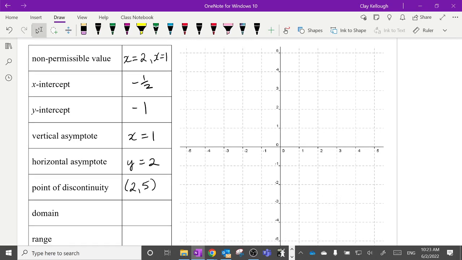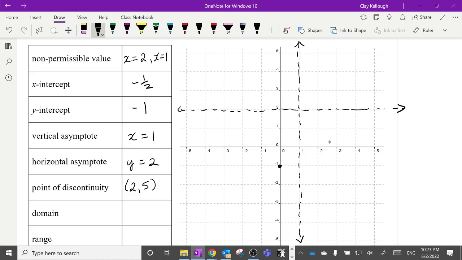So let's see. My vertical asymptote is 1. So there we go. My horizontal asymptote is 2. I have a y-intercept of -1.